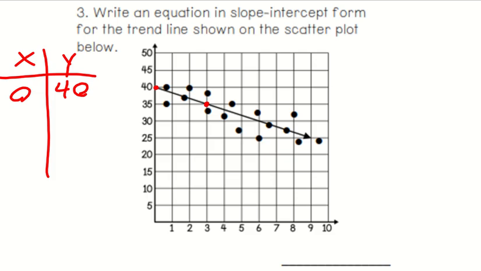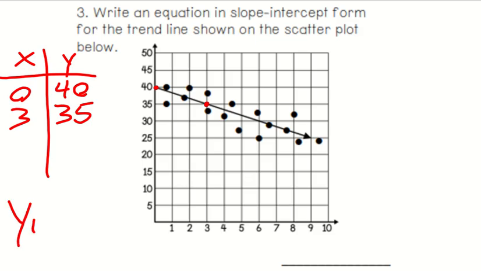For that dot, what's our x value? 3, and our y value? 35. All right, everybody go with that. We've got 2 points now, right? If we had the whole scatter plot, since they gave us the line, we only need 2.